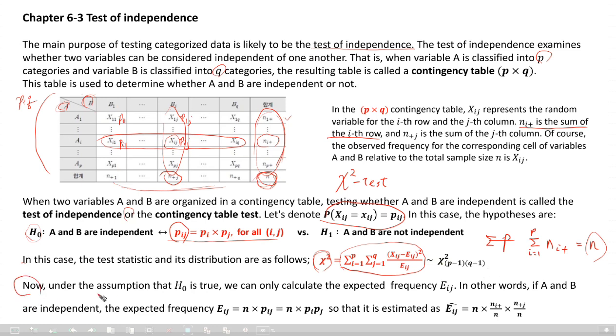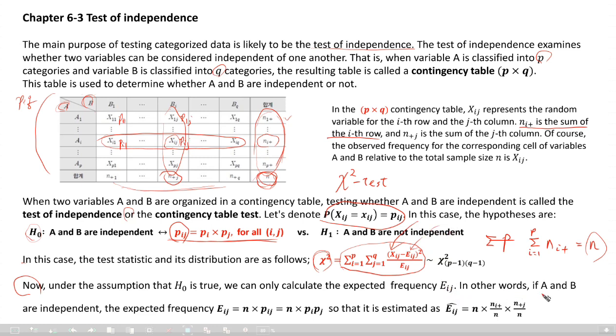Now, we always test a hypothesis under the assumption that the null hypothesis H0 is correct: A and B are independent. Under this assumption, we can calculate the expected frequency E_ij. We will get the observed frequencies, but we do not know the expected frequencies E_ij.